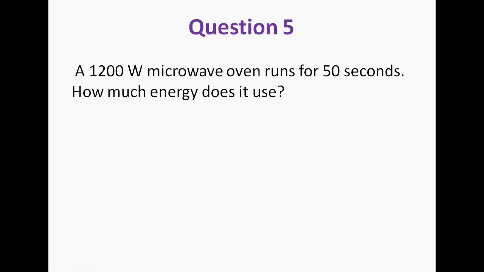Well, this is a fairly straightforward question. I've got the power of 1200 watts and I know the time, and thankfully it's already in seconds, so I don't need to convert it. So how much energy does it use? So it uses 1200 joules per second for 50 seconds, so I can use this equation. Energy is the power times the time, because I already have the power in watts.